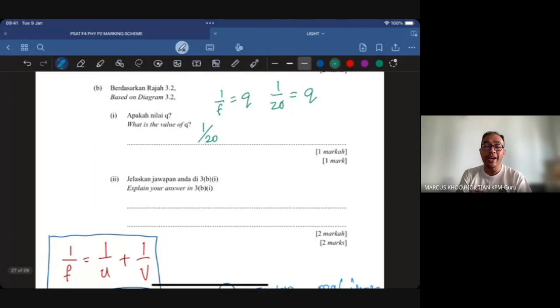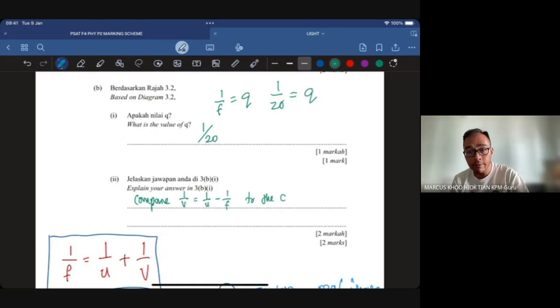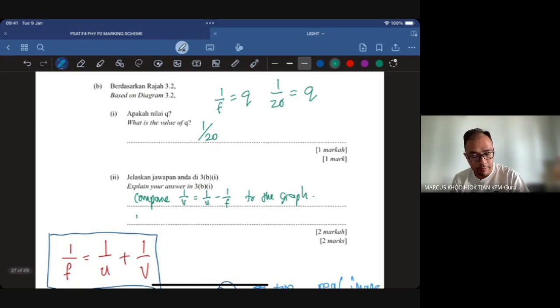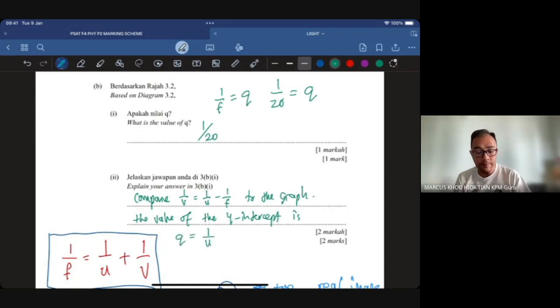So how do you explain your answer in this? You compare 1 over V equals 1 over F minus 1 over U to the graph. The value of the y-intercept is Q equals 1 over F. Sorry, did I do this right?